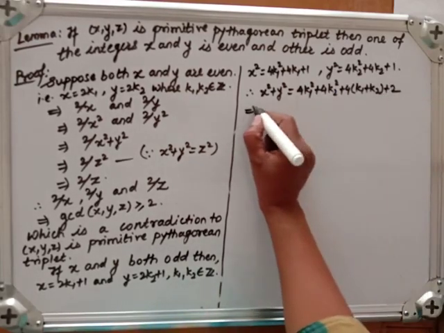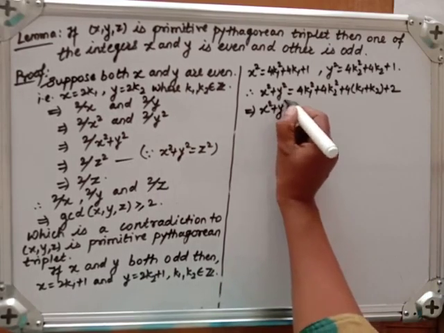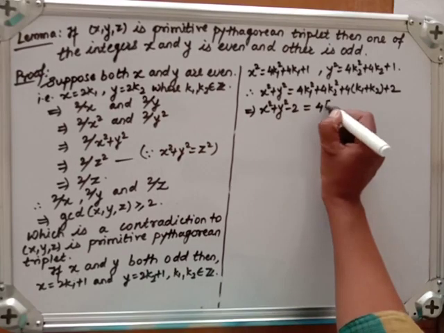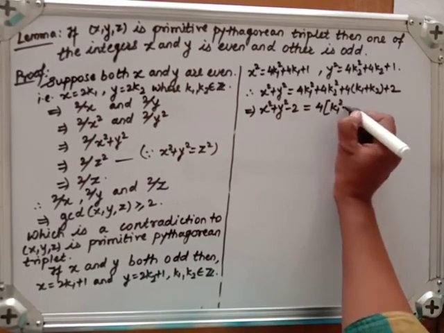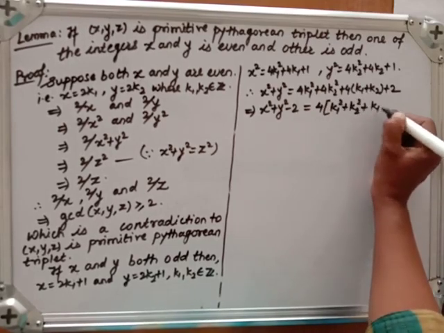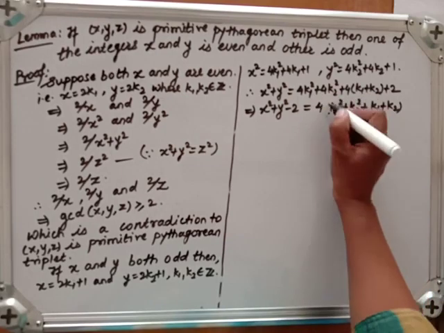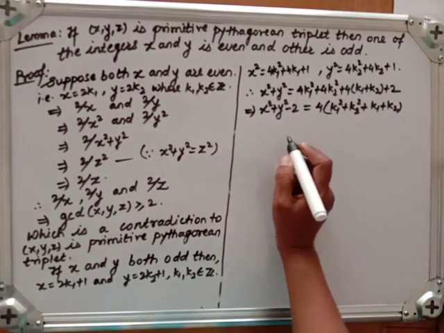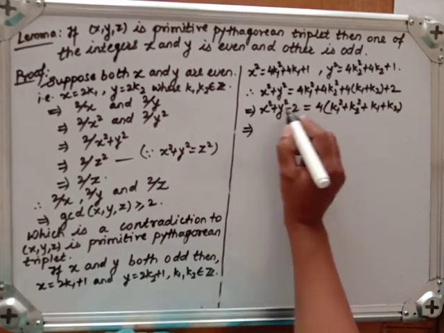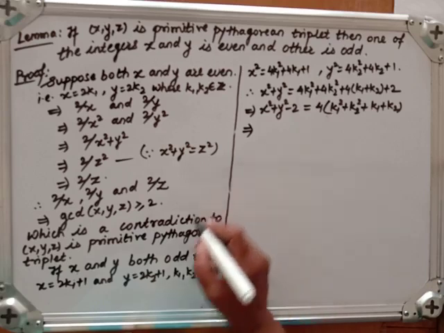That is, x square plus y square minus 2 equals 4 times (k1 square plus k2 square plus k1 plus k2). This part can be written as 4 into some integer, since k1 and k2 are integers.